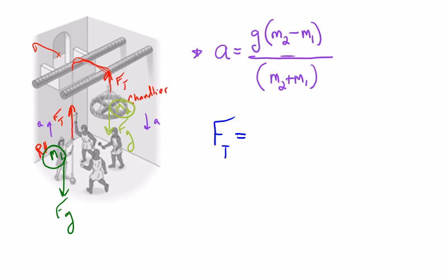Basically from our Atwood's machine and tension video notes, we came up with this, that it was equal to 2 times mass 2, so that'd be the mass of the chandelier, times gravity, so really just twice the weight of the chandelier, over 1 plus the ratio of their masses, so mass 2 over mass 1.